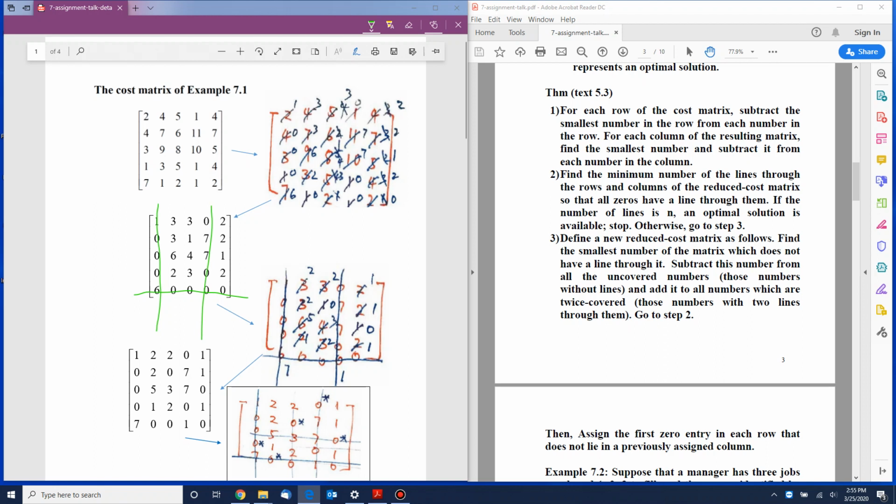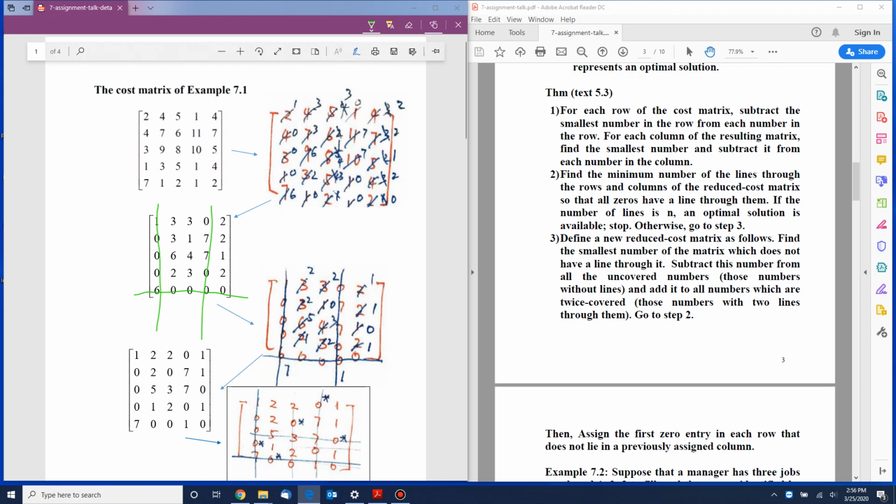So we add the 1, the number that we subtracted from each uncovered entry, to those entries with double lines crossed. So 6 becomes 7 and 0 becomes 1. Now we have a new matrix.